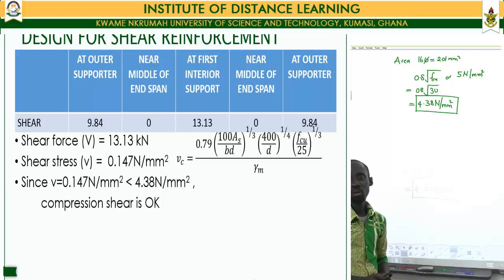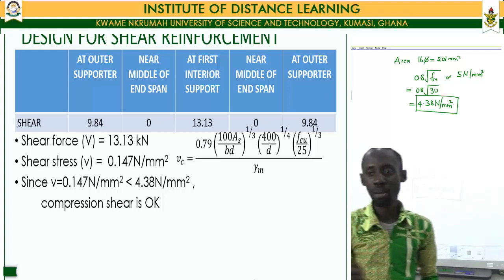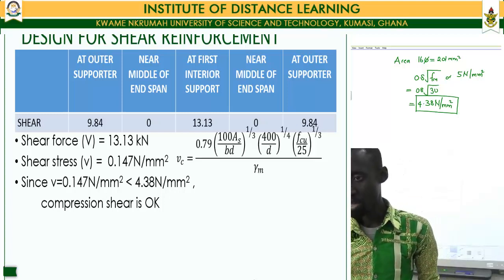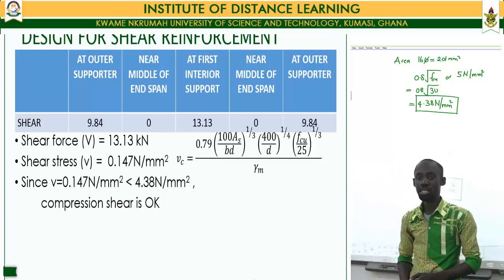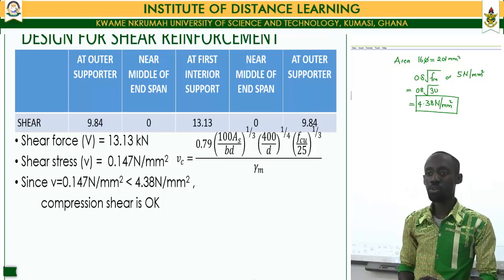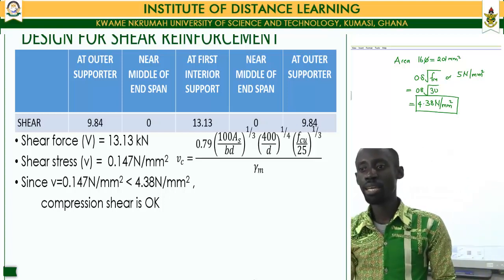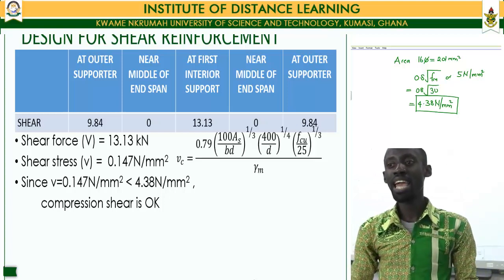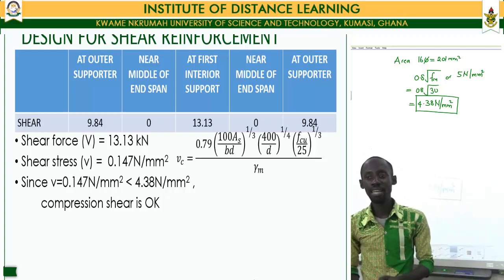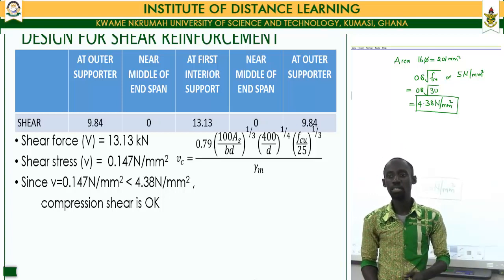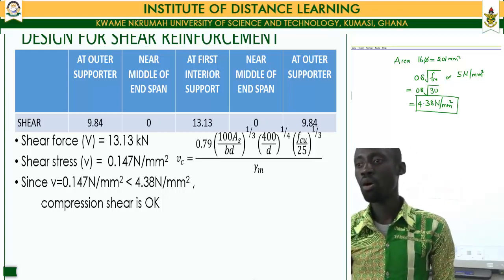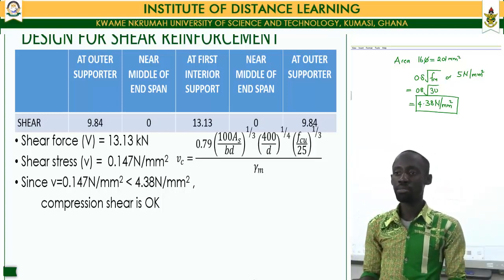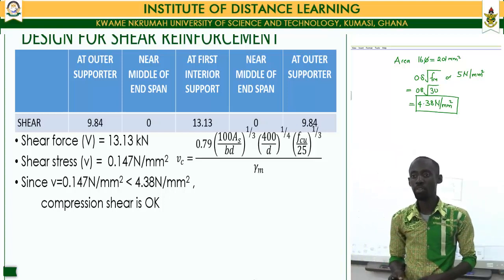Now, having found our compression shear, we now move ahead and calculate the shear capacity of our beam. Now, the formula for the shear capacity for our beam is displayed on our slide, and that one is equal to 0.79 into bracket 100 multiplied by the area of steel provided divided by the web width and effective depth, or everything raised to the power 1 divided by 3.